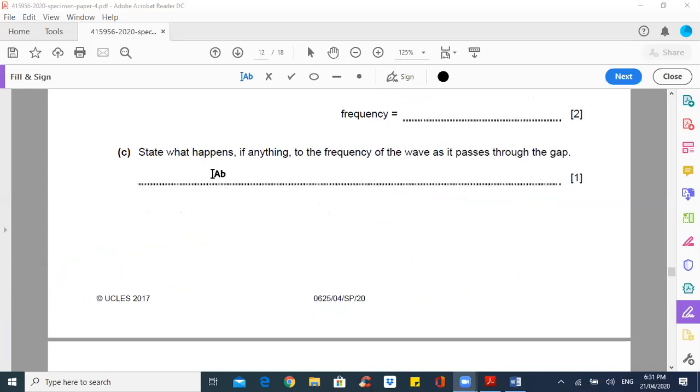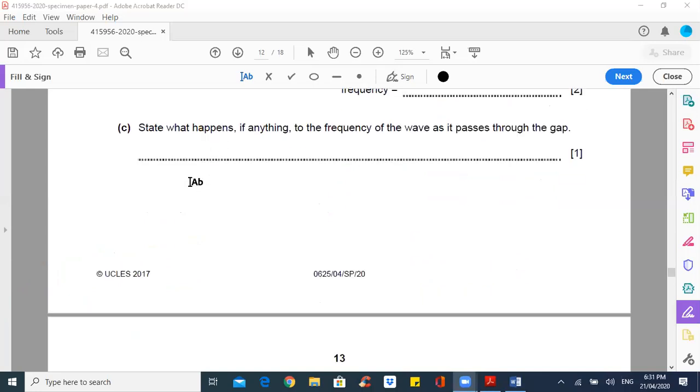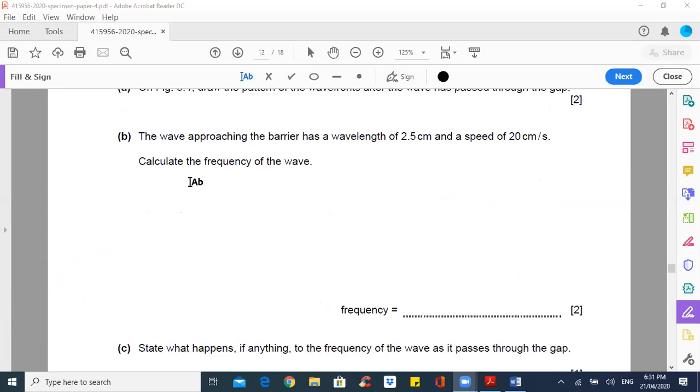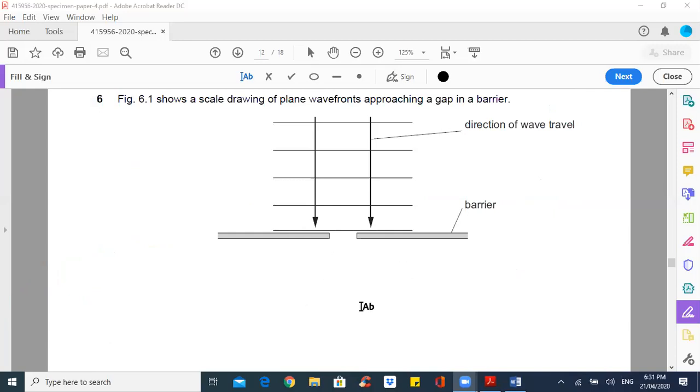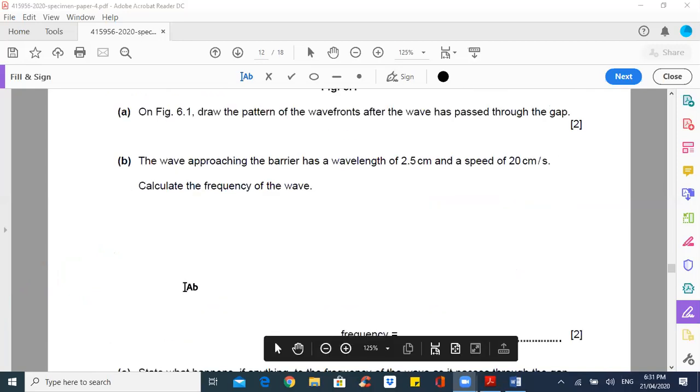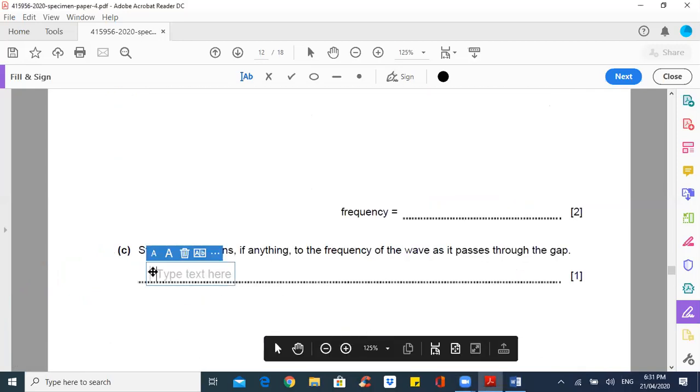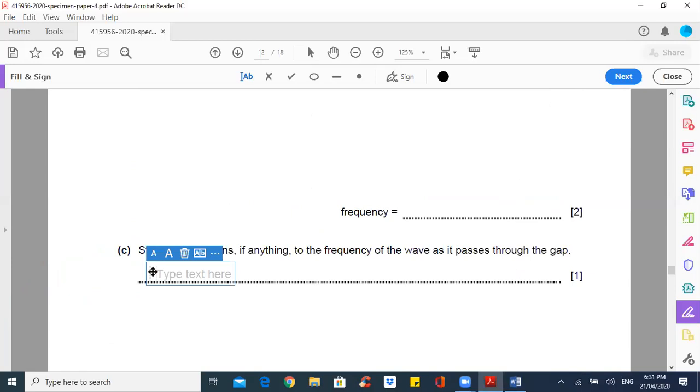They said now, state what happened, if any, to the frequency of the wave as it passes through the gap. So the wave passes through the gap here, and remember we had 5 lines here. It means that it diffracted. So your answer should be what? What happened to the frequency of the wave?